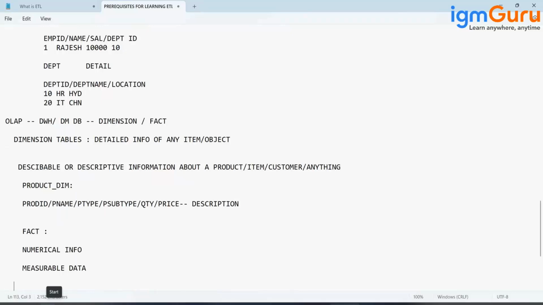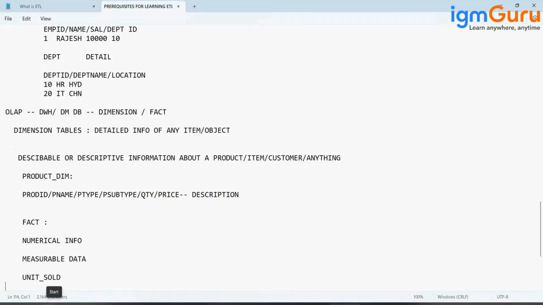Any examples of measures? Like how many units sold. This is one measure. And total sales amount, product sales amount, is another measure.